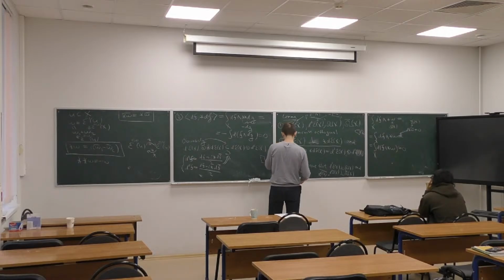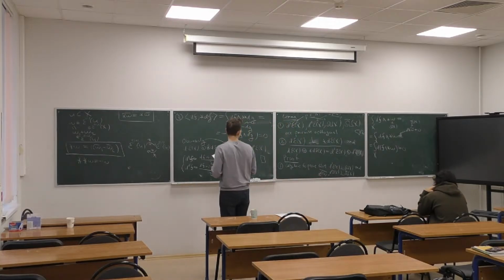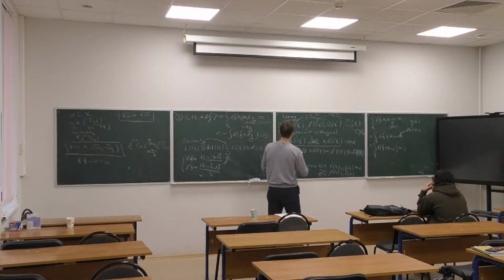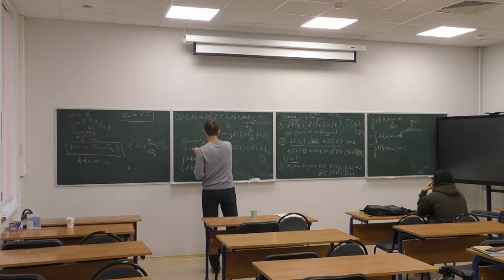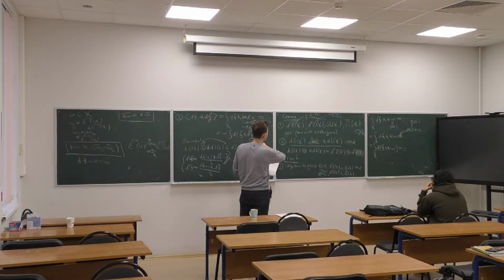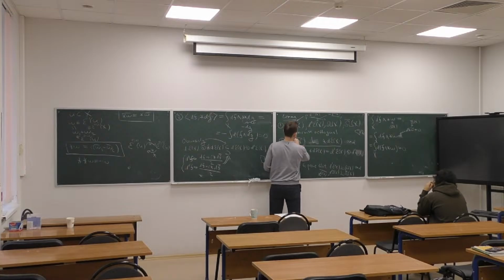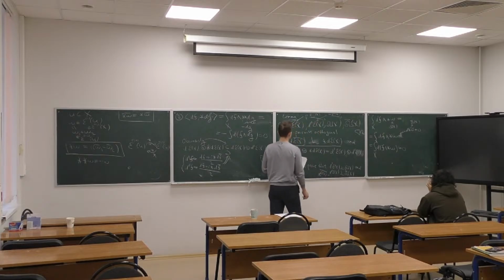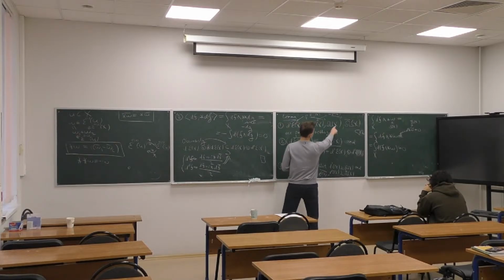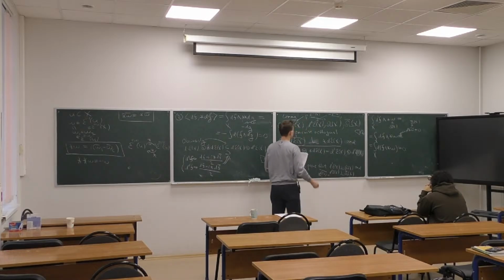So in particular, this space is orthogonal both to holomorphic and anti-holomorphic forms. But the sum of these is the space of harmonic forms.